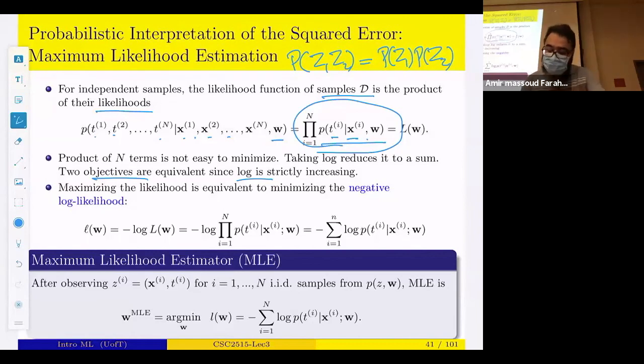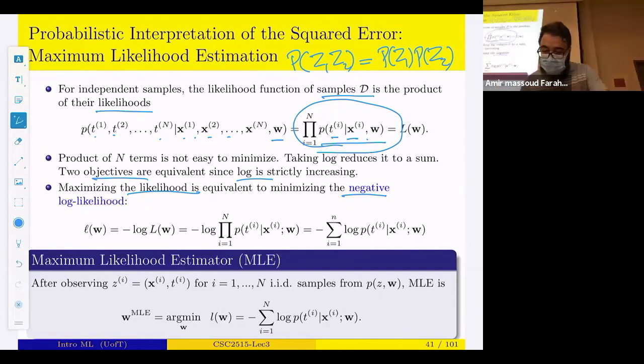Also, instead of maximizing the likelihood, we can minimize the negative of the log likelihood. So maybe the step is like this: maximizing likelihood is the same as maximizing the logarithm of likelihood, which is the same as minimizing the negative of the logarithm of likelihood. So that's a kind of middle step.